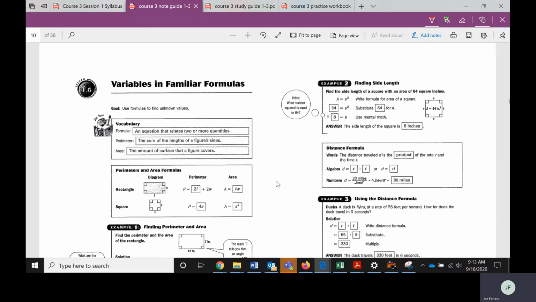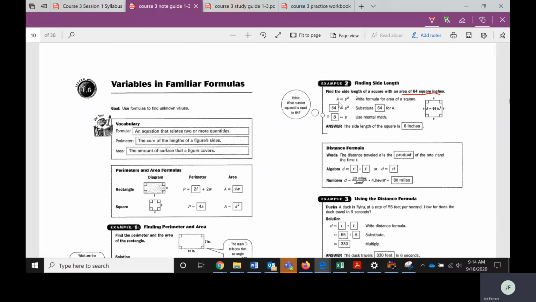Finding the side length, and specifically what they're looking at here is a square. Find the side length of a square with an area of 64. Later on, we'll look at a problem when they give you a perimeter, but this one has to do with area.